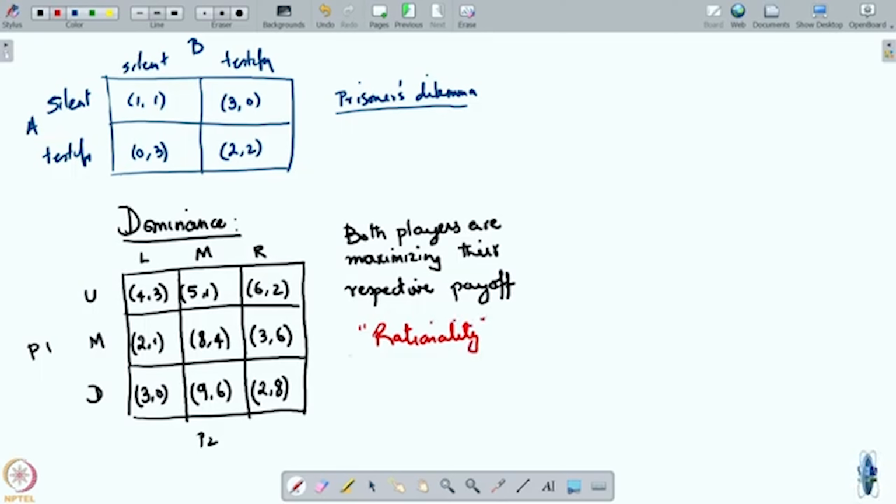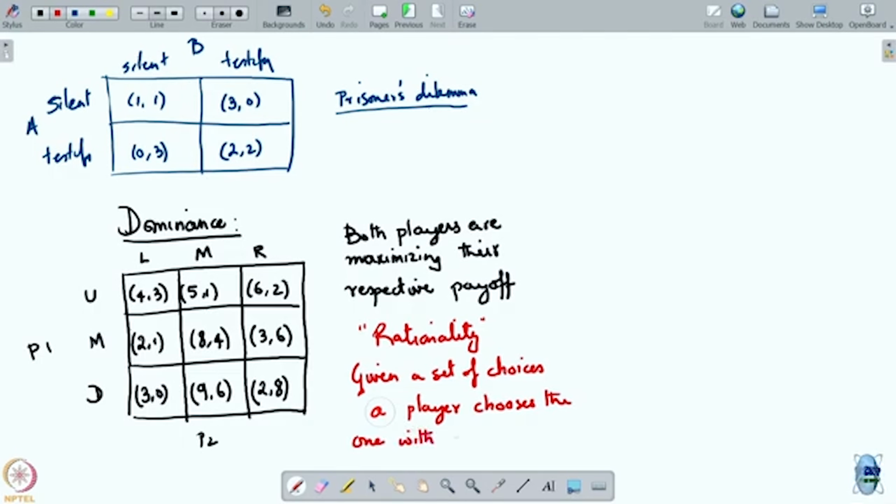Rationality refers to the idea that, given a set of choices, a player chooses the one with the highest payoff.